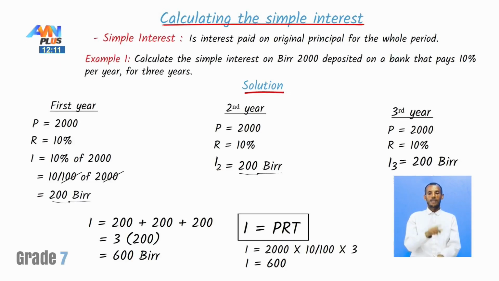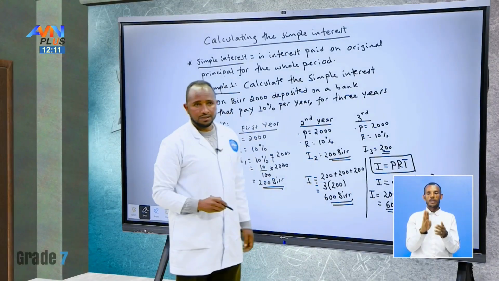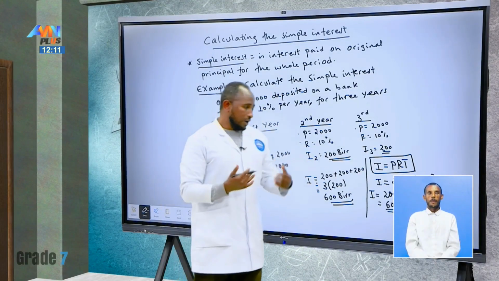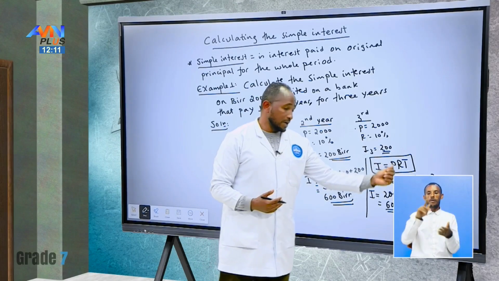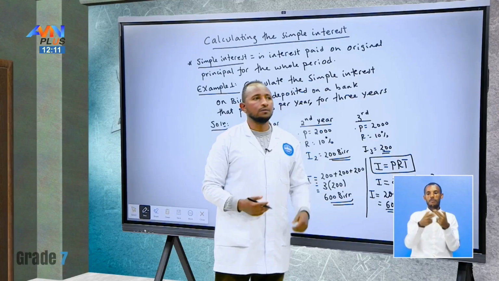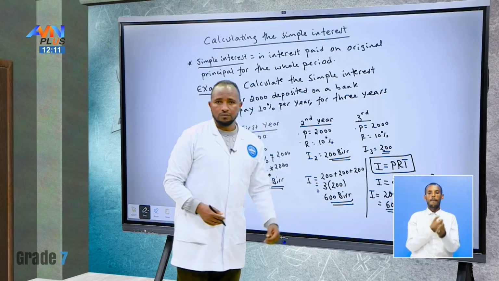Therefore, I is equal to, you can cancel 2 zeros here, 20 times 10 is 200. 200 times 3, you'll have 600. So this will be the final answer. So to calculate simple interest, you can use this equation: principal times rate times time. You see. Now, we'll proceed to the next example.